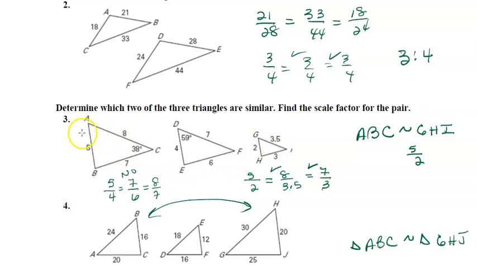So looking at these first two, go for the smallest side here, which is 5, over the smallest side here, which is 4. The next in order is 7 over 6, and then 8 over 7. Okay, so none of these can reduce to the same ratio as another. So therefore, these two are definitely not similar.